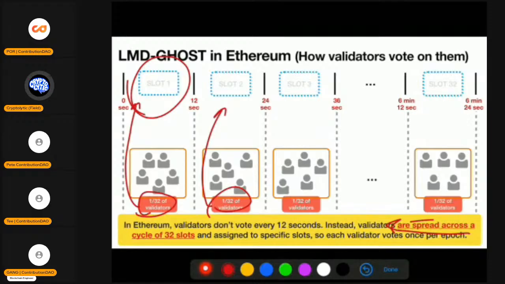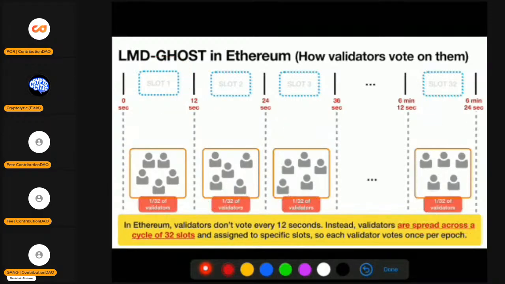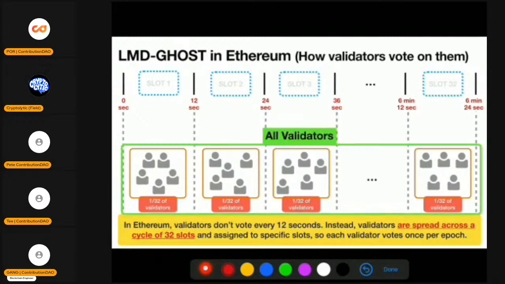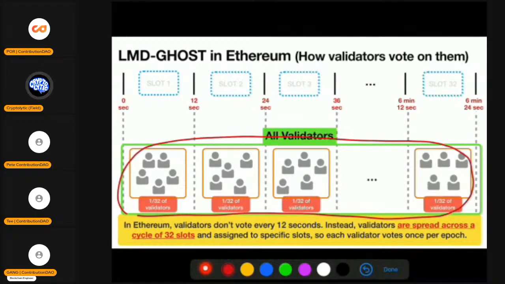Each different group gets assigned to each slot, and these 32 slots are called one epoch. And all of the validators here, if you sum them up, form a complete set of the validators.